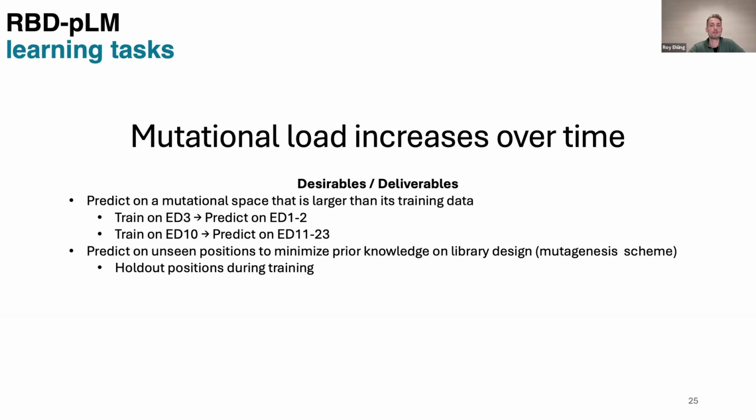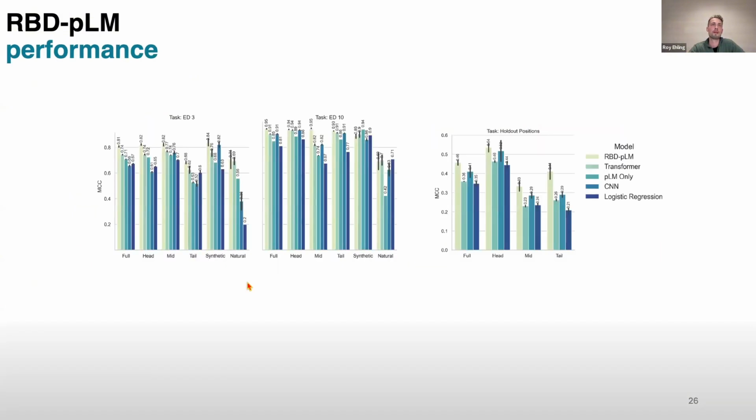And new mutants such as the JN1 and BA286 variant have really high mutational load. And we really wanted to hone in on this and show that the data that we have generated and the model that was trained is able to perform well on tasks that were tough, given the data, given the input.